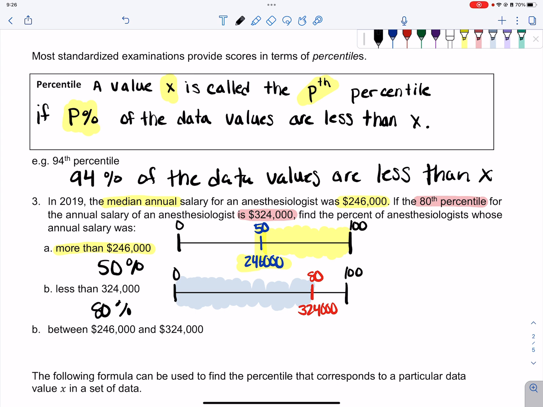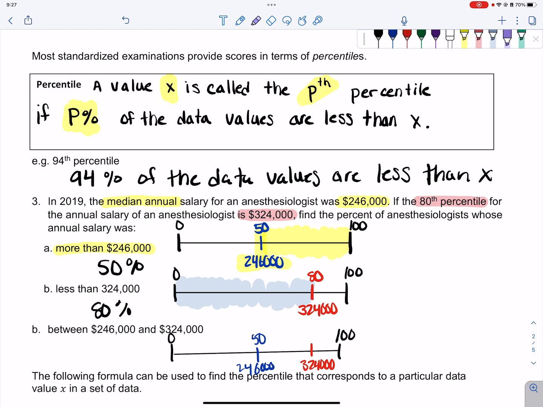And then lastly, we want to know what percent make between 246,000 and 324,000. Well, we have our 50th percentile in the middle, and then we have our 80th percentile that's at the 324,000.